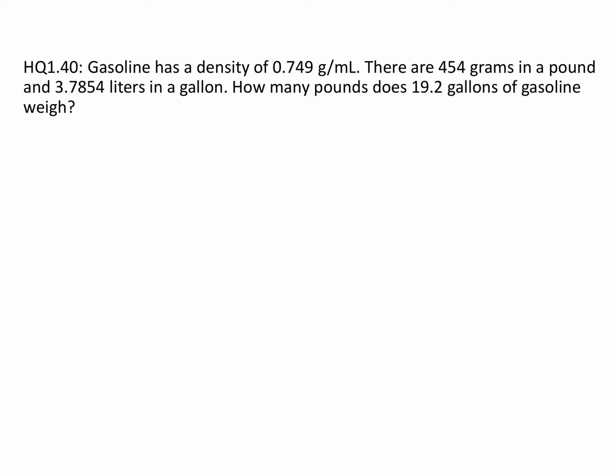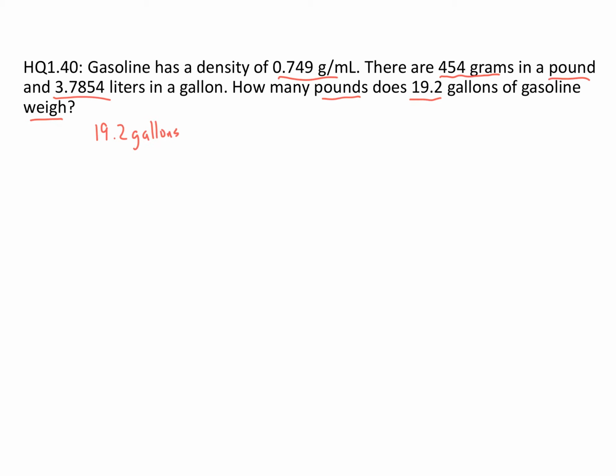So they give us that we have 19.2 gallons of gasoline, and they want to know how many pounds that weighs. They give us some conversions of gallons to liters, the density of gasoline, and then a conversion from grams to pounds. So looking at the information we have and the information that we're given, we could say that a step would be, well, I have 19.2 gallons.